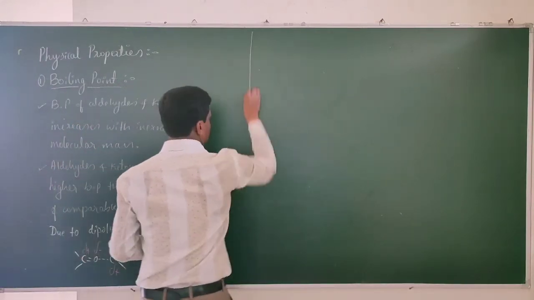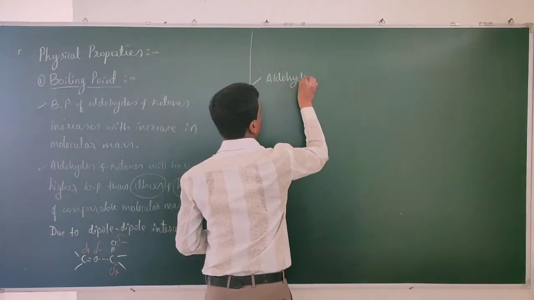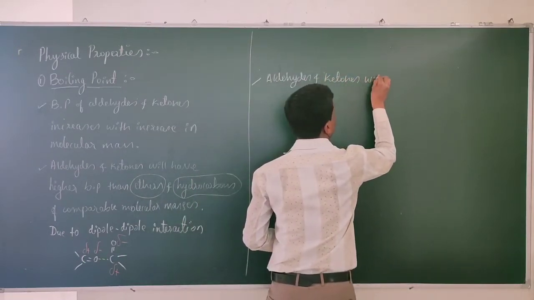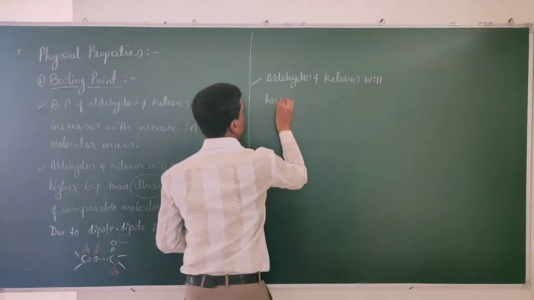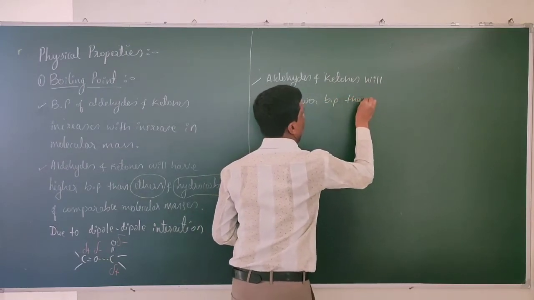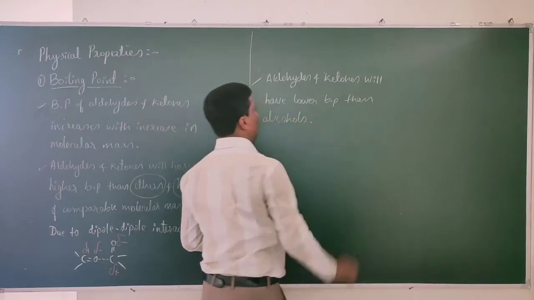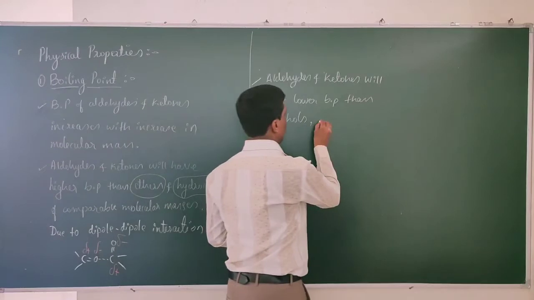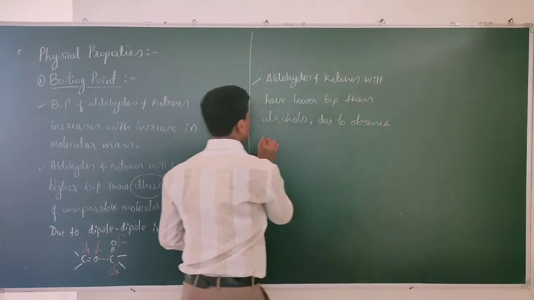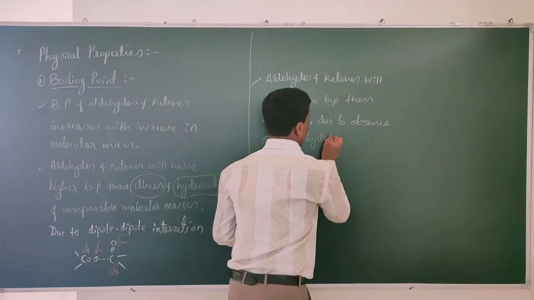Okay. Next point. Aldehydes and ketones will have lower boiling point than alcohols due to absence of strong hydrogen bond.